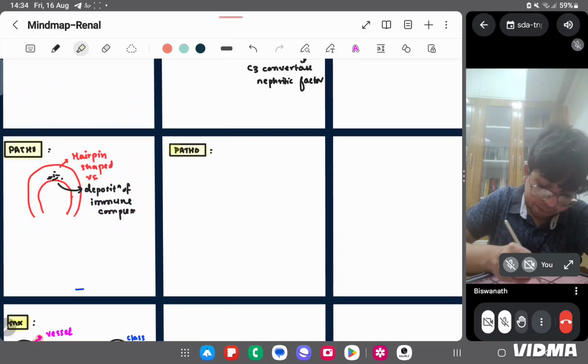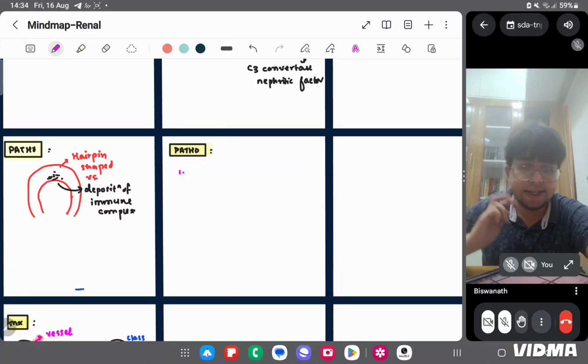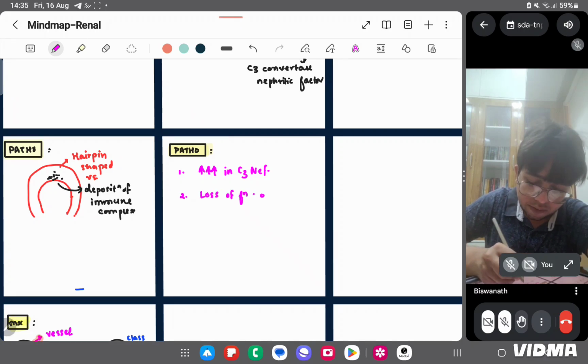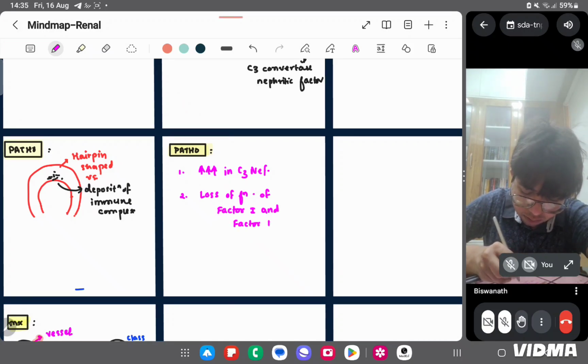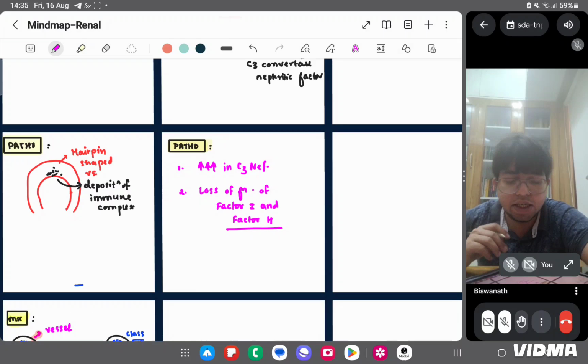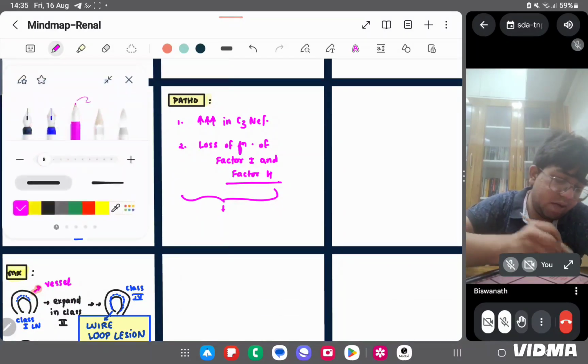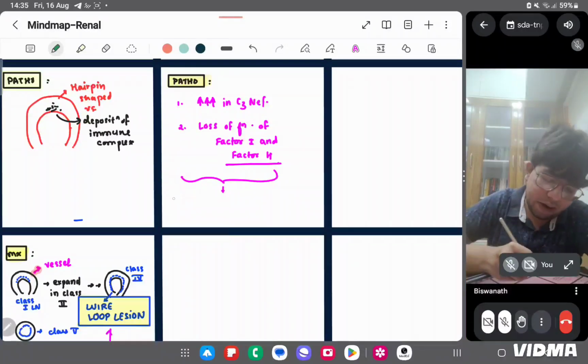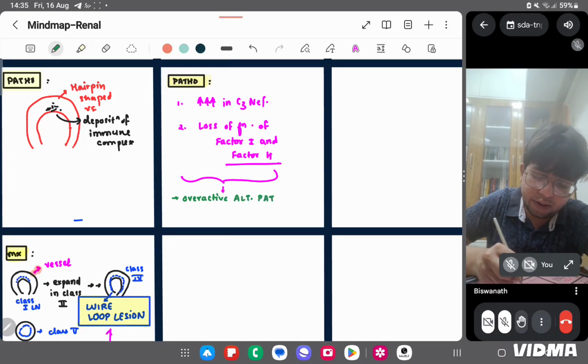Either there is an increase in C3NeF, or there is a loss of function of factor I and factor H. Both of these lead to an overactive alternate pathway.